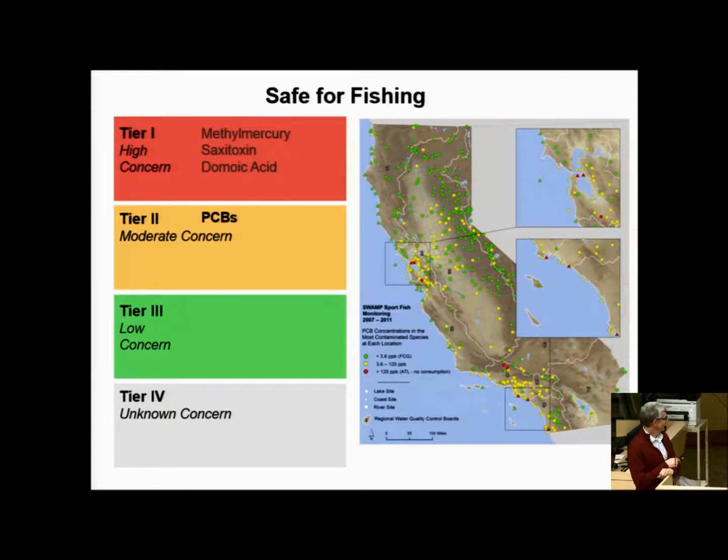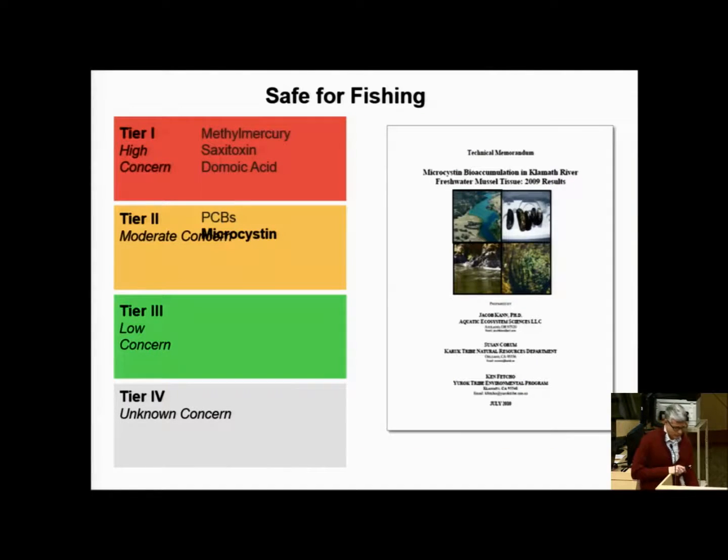San Francisco Bay is one of them, San Diego Bay, and then there's a couple reservoirs in Southern California. So some areas, this is kind of a more localized phenomenon where we see high concentrations. And aside from that, levels of moderate or low concern, but overall it fits into the moderate concern category.